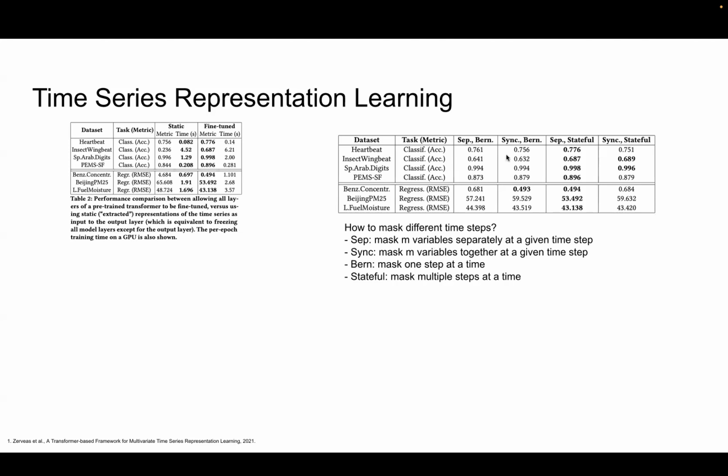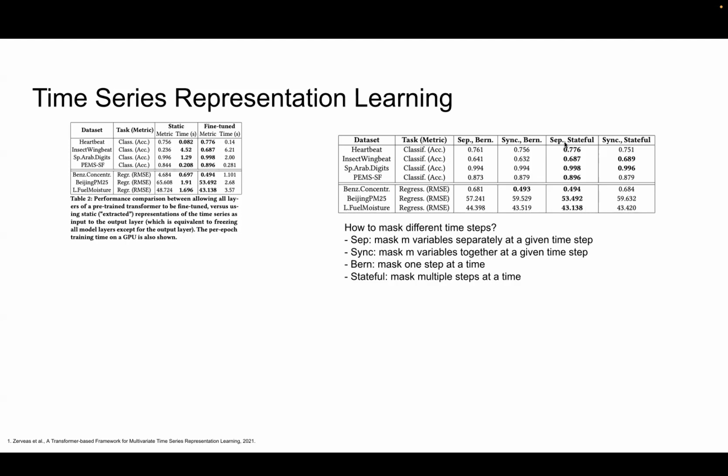An alternative is to mask those M variables all together at a given time step. And the second variation that they did is to compare Bernoulli, which is where we mask one step at a time, or stateful, which means that we mask multiple time steps at a time.